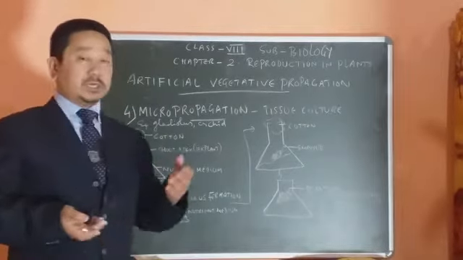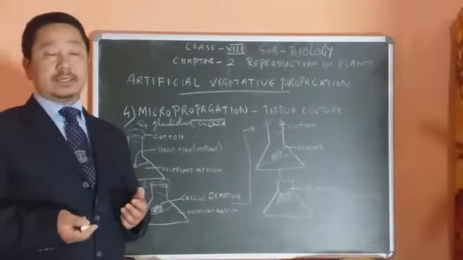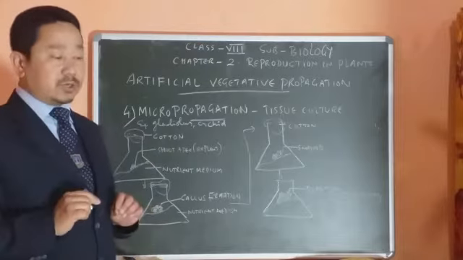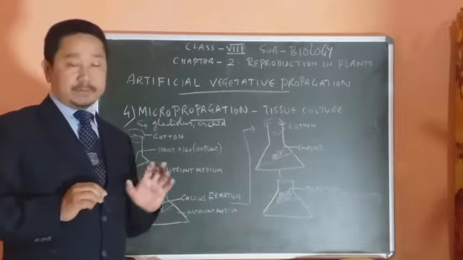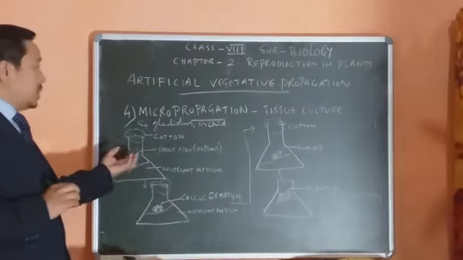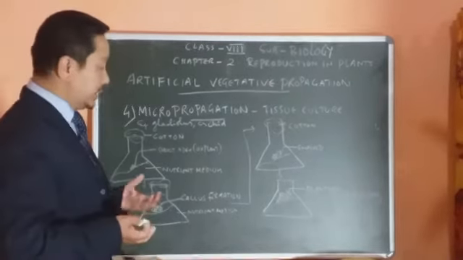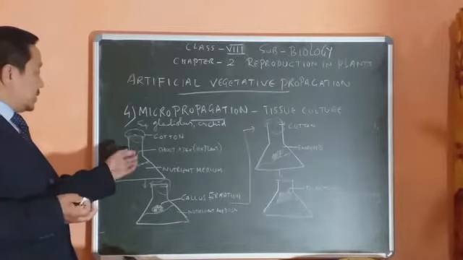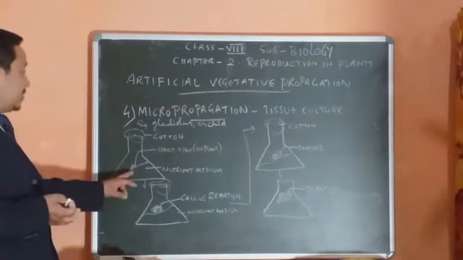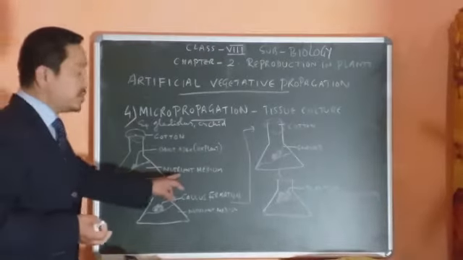This is usually done in a tissue culture center, like a research center, or the orchid house nearby where tissue culture is usually done. For this, you can take one flask as shown in the diagram, and inside the flask you have prepared a nutrient medium.